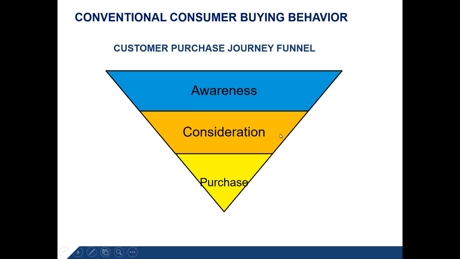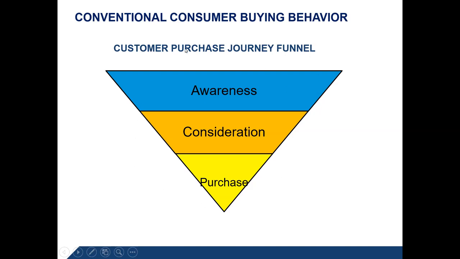And once these consumers, if they continue to stick around, they're serious about their purchase, they are able to narrow down their choice sets, then that results in a purchase. So you will notice that the number of consumers are getting filtered through the funnel from each stage to the next. So there'll be a lot of consumers who will be targeted with advertising, but there will be only a fraction that are going to convert.